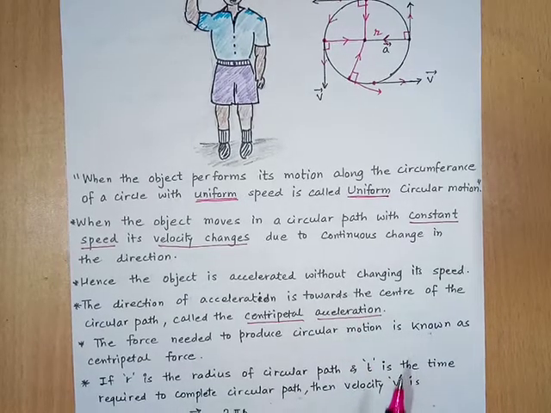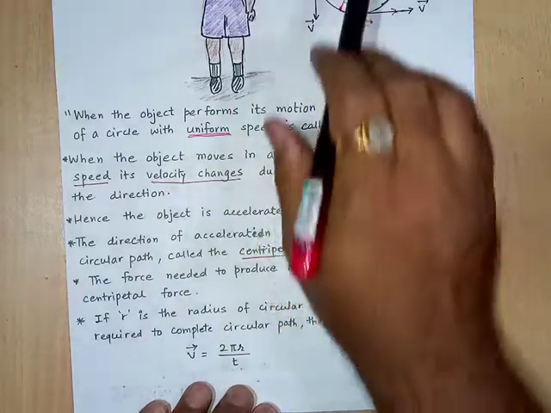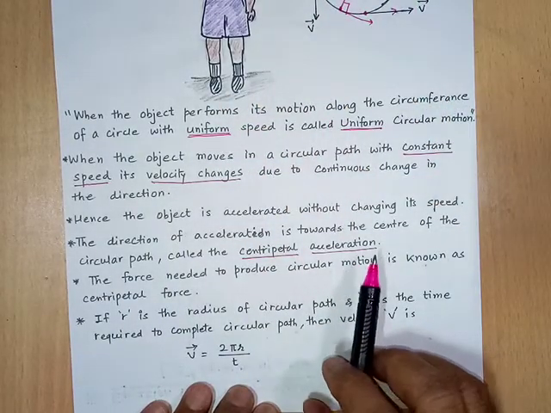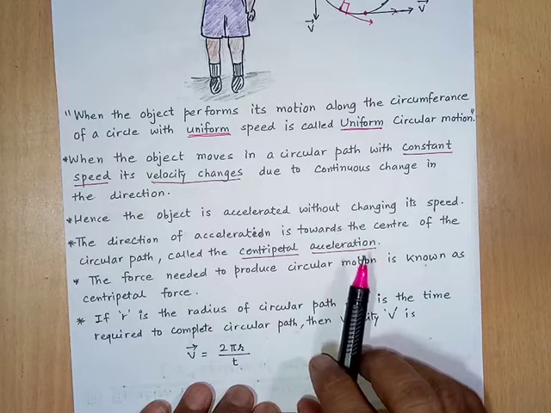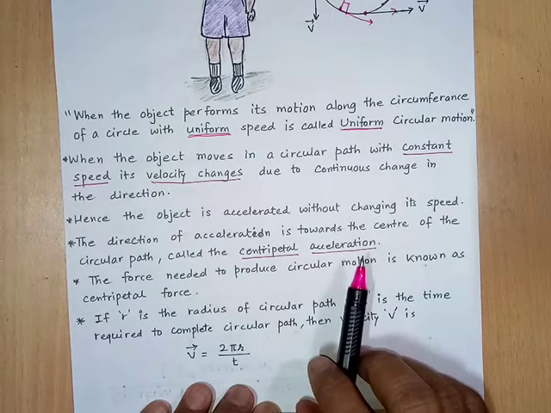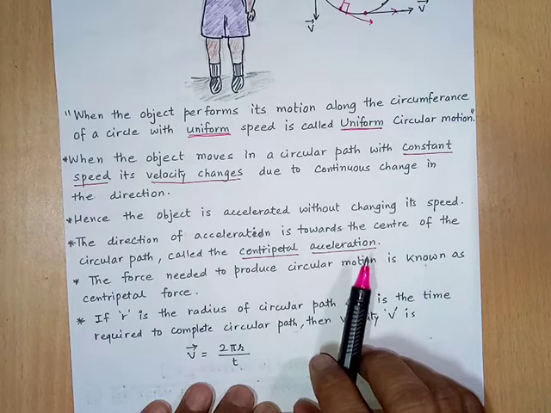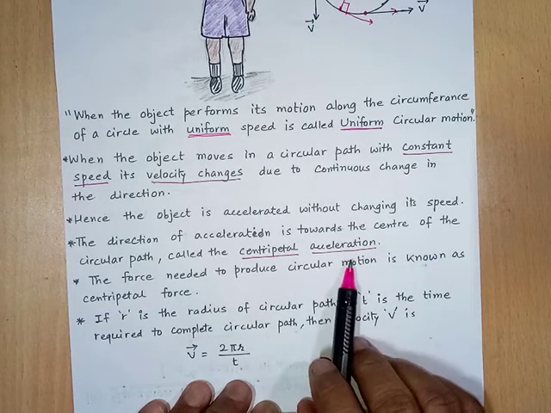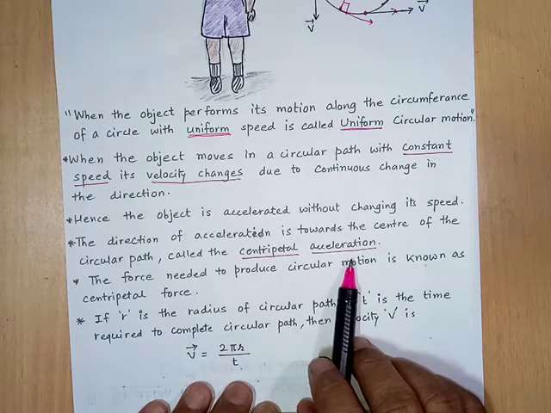Now, for every circular motion there is a requirement of some force so that an object continues its circular motion. If the necessary force is not applied on the object, then the object will not perform circular motion. So a force is needed to produce the circular motion, so that the object will continuously be in circular motion.